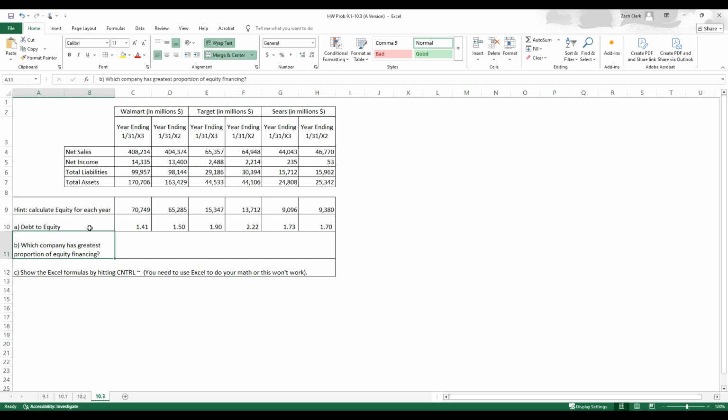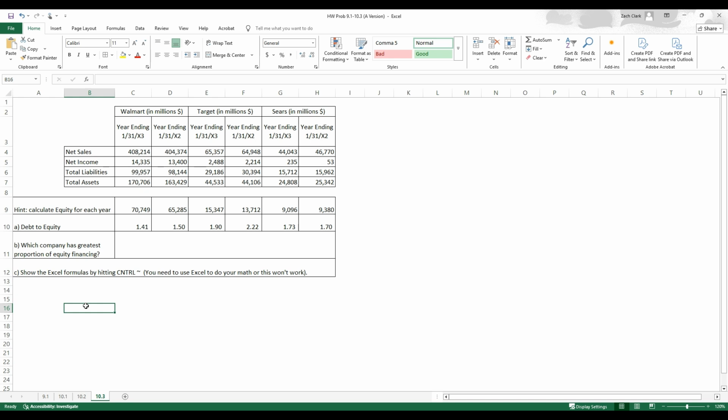So pretty easy, and then it asks us which company has the greatest proportion of equity financing. When we think about what this question is asking, it's really saying who has the lowest debt to equity ratio.